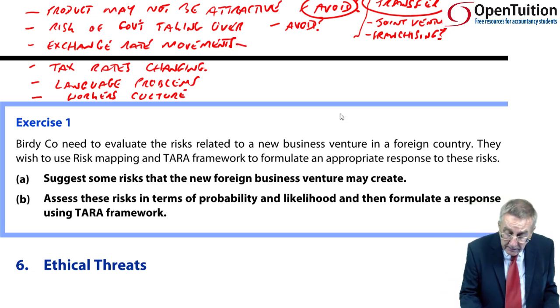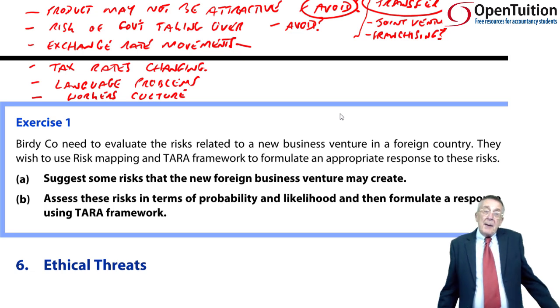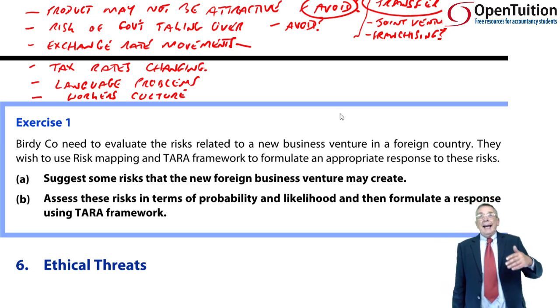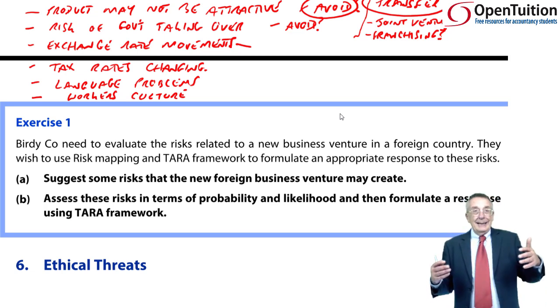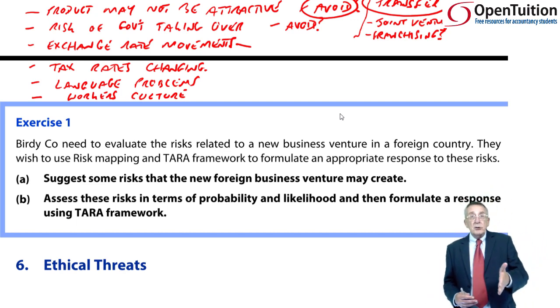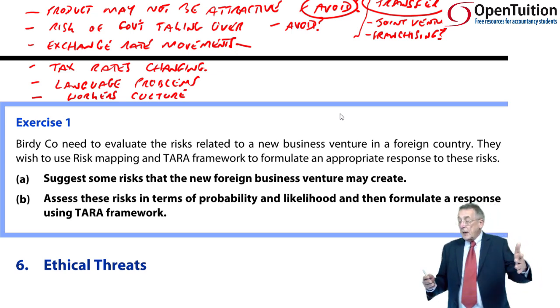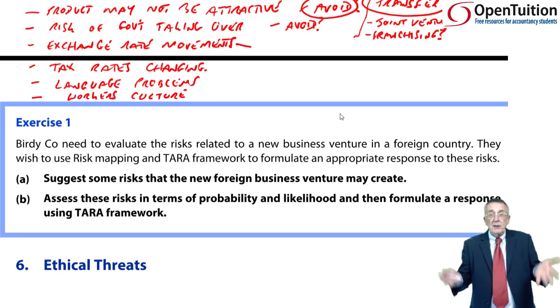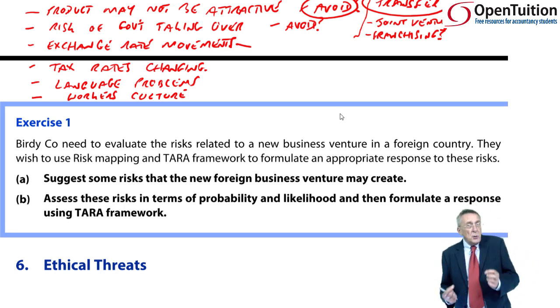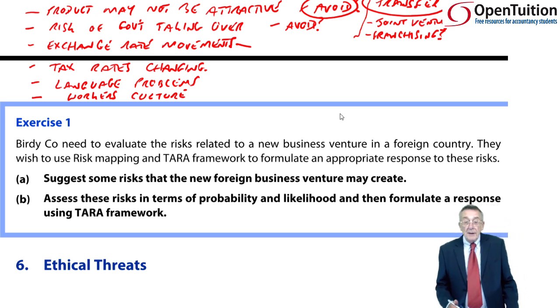Now, what about exchange rate movements? There's one where, again, depending on the country, if it's a stable country, exchange rate movements, I think you'd agree, are very likely. You know, if you're thinking between the UK and the US, it's always moving. The impact's not huge, though. And so here's a risk that we'd try and reduce.